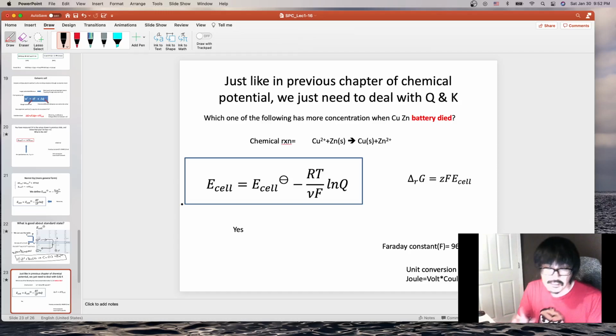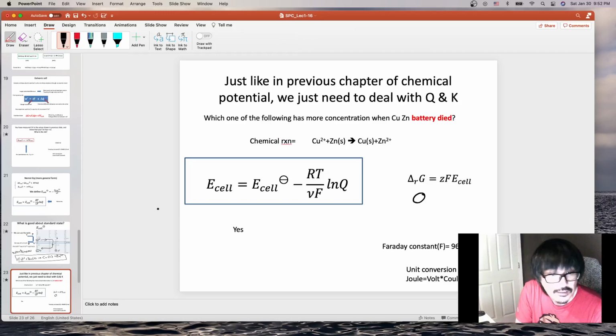Right, the other thing I want to talk about is the E cell. What happens if the battery dies? Then there are no more reactions, right? No more transfer of the electrons. For that particular case, delta G of the reaction is zero, right? That means you cannot make these go to zero, so this one has to be zero.